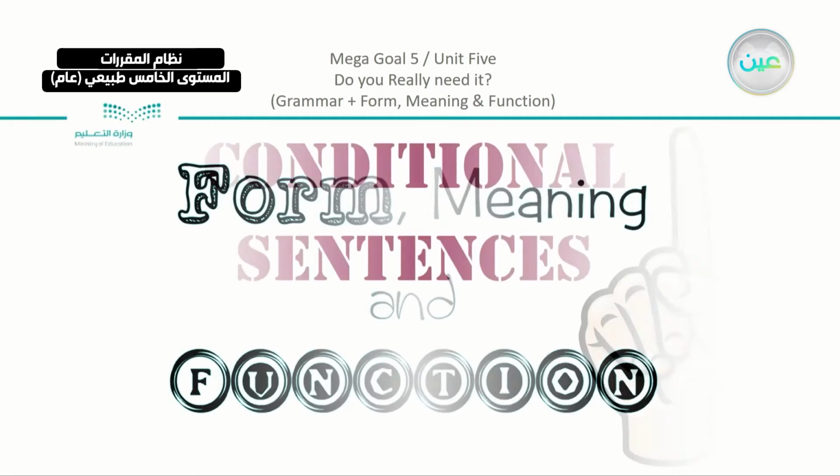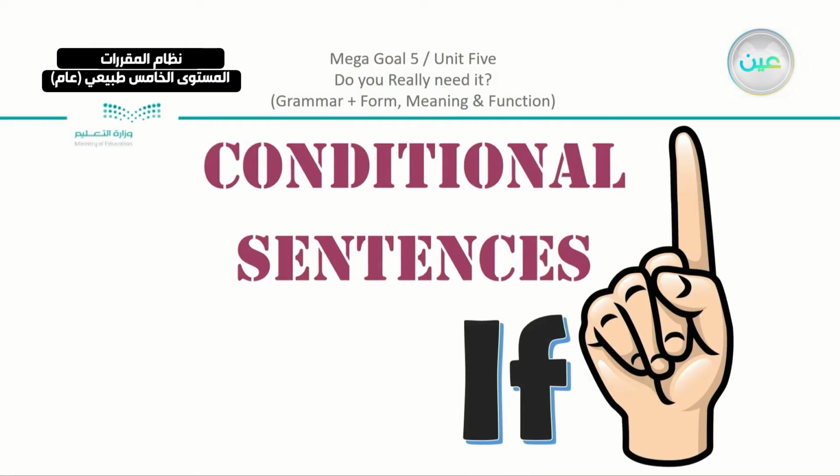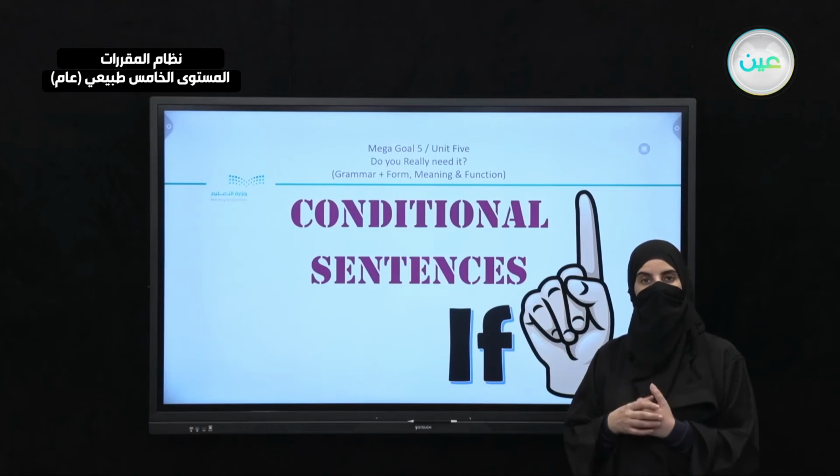We took the part that was about conditional sentences using if. So what did we say? We said that there are kinds of conditional sentences. Do you remember when I threw the marker and it fell on the floor?